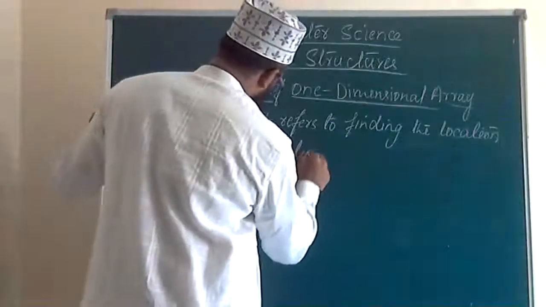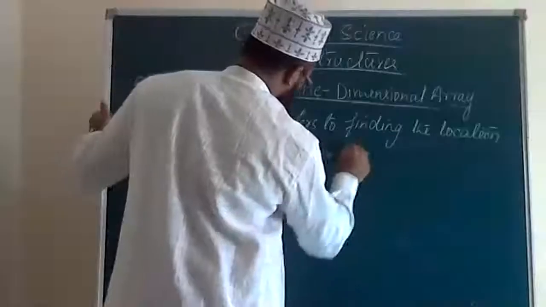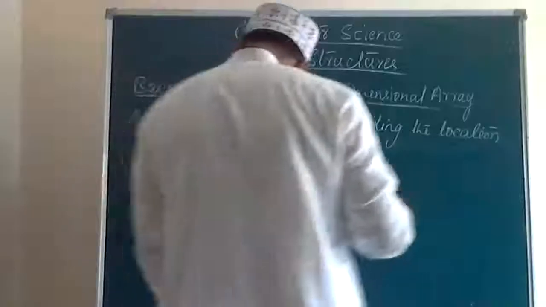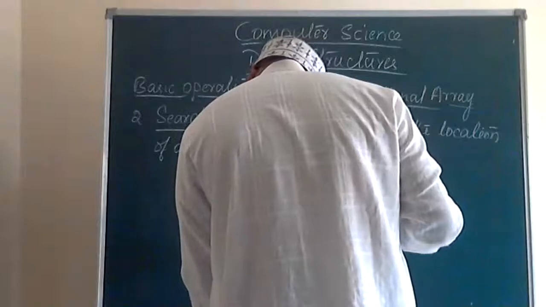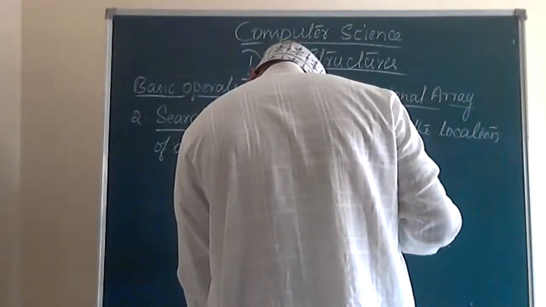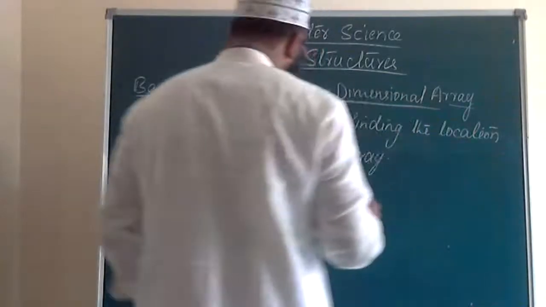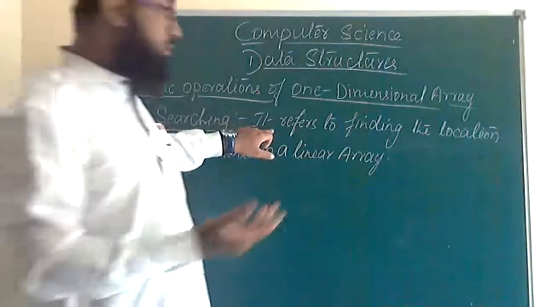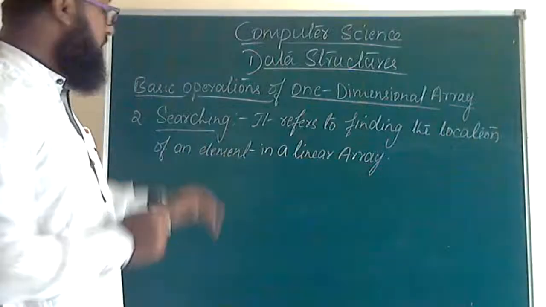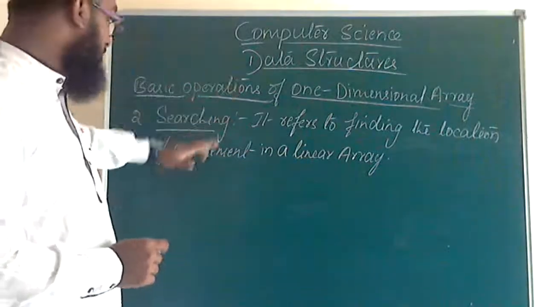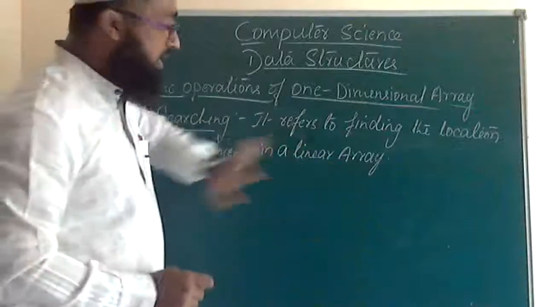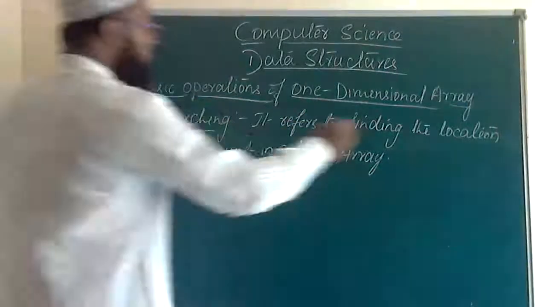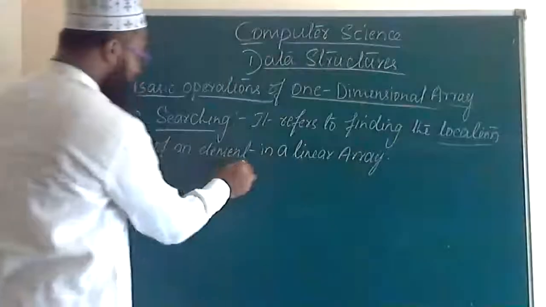In general, you already know that to find something, we start searching. But here, in a linear array, that means a one-dimensional array, searching refers to finding the location of an element.